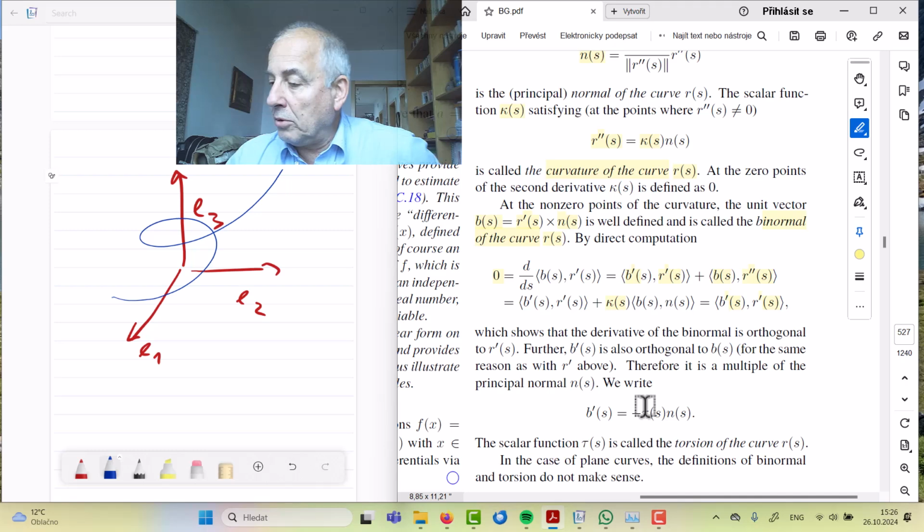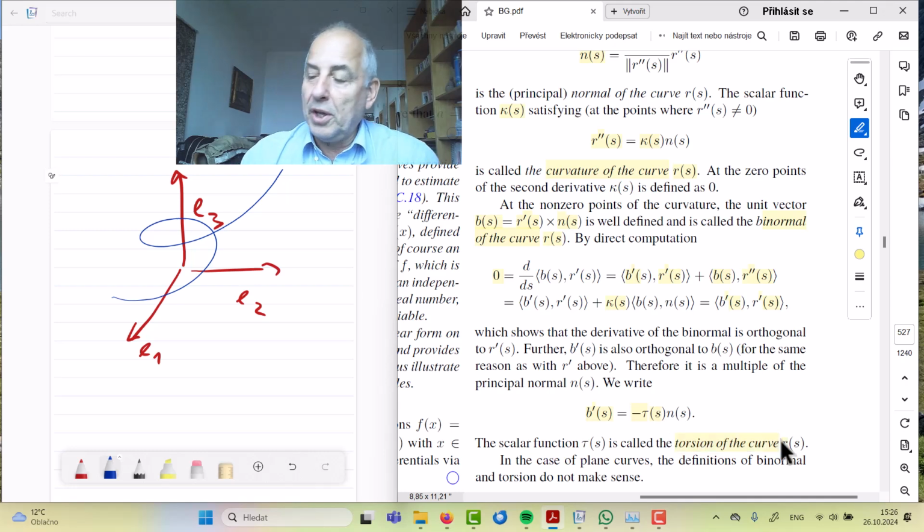Right, and now it means that the derivative of B must be a multiple of the normalized normal, right? So the principal normal of the curve. And this is up to sign called tau, and it's called torsion. So each curve in R3 has got torsion and curvature.